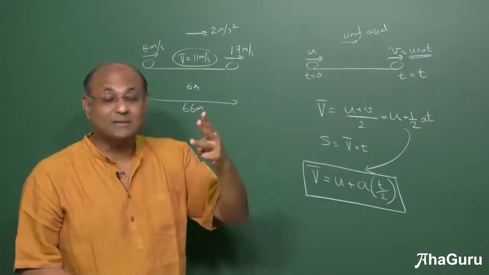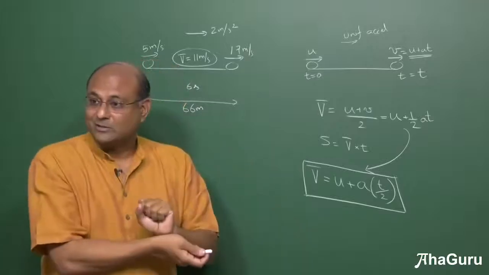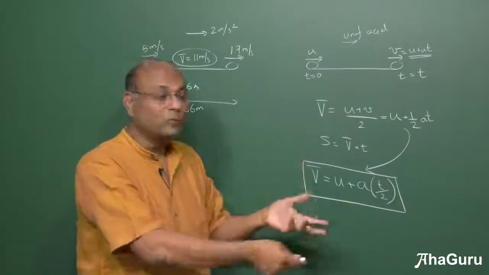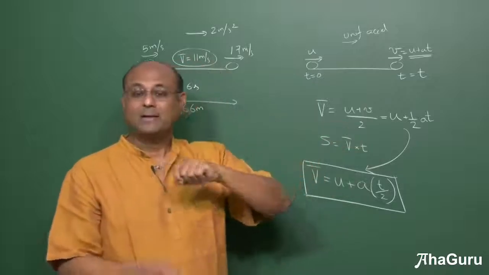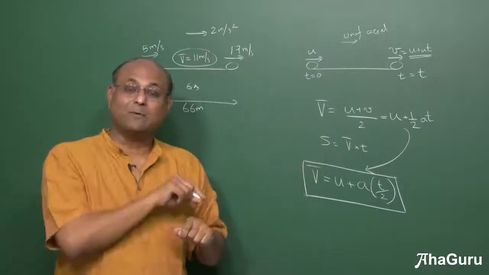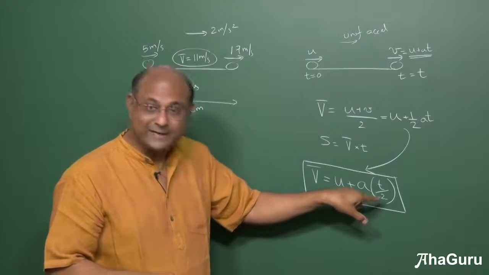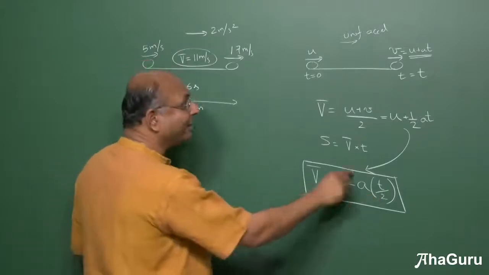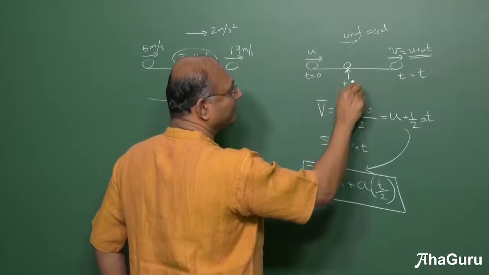Time 3 seconds, what is the velocity? U plus a into 3. Time 2 seconds, what is the velocity? U plus a into 2. What is this? U plus a into t by 2. If I ask you what is the velocity at time t1, what will you say? U plus a t1. But isn't this like t1? So this is the velocity at half time.